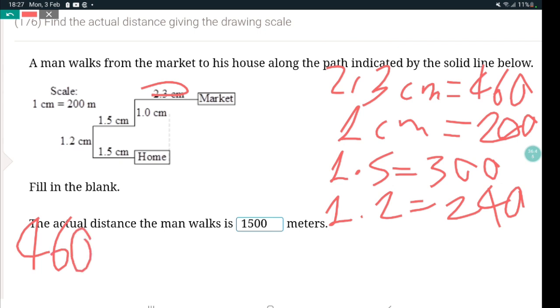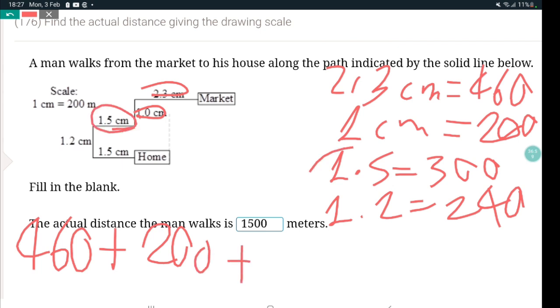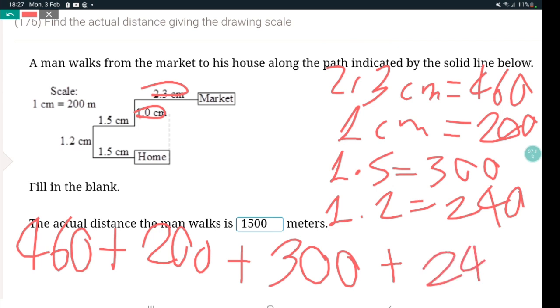So 460 plus 1 centimeter, which we have here, it's 200, plus 1.5, we have it here, 300, plus 1.2, 240, and plus 1.5 again, so two 300s, and then now solve, you'll get your answer.